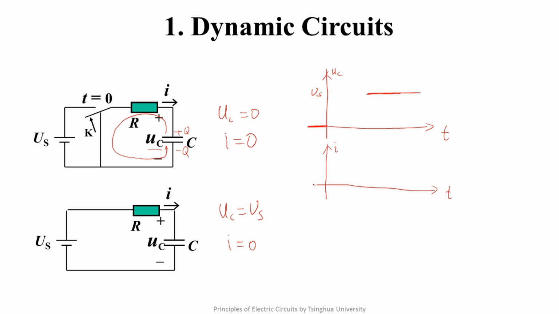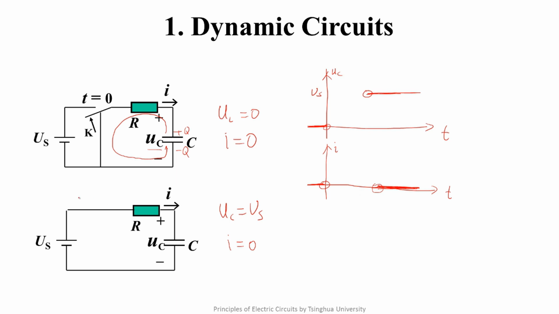Similarly, the current is 0 before switching, and it is also 0 after switching for a long time. So UC must change from 0 to US in the process of switching. Well, the current changes from 0 to a certain value and then changes to 0. We call the process the transient process.